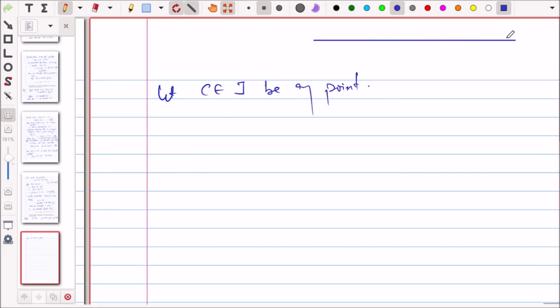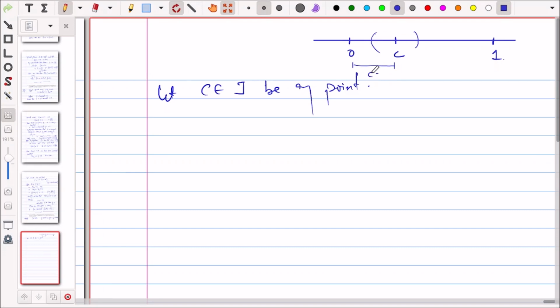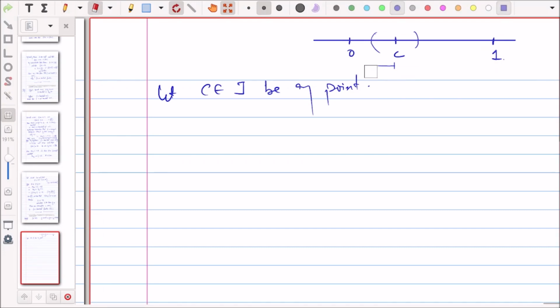If you look at the number line, this is our 0, this is our C, this is our 1. We have to find some neighborhood so that g is bounded. This distance is C minus 0, so the distance is basically C. We will take the delta neighborhood with delta equal to C by 2.